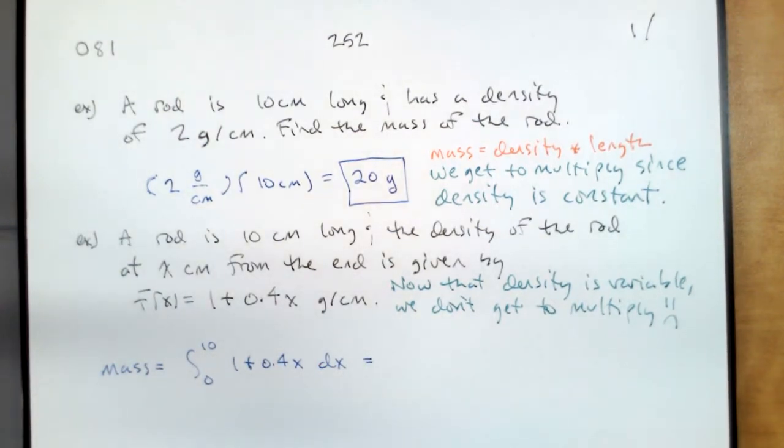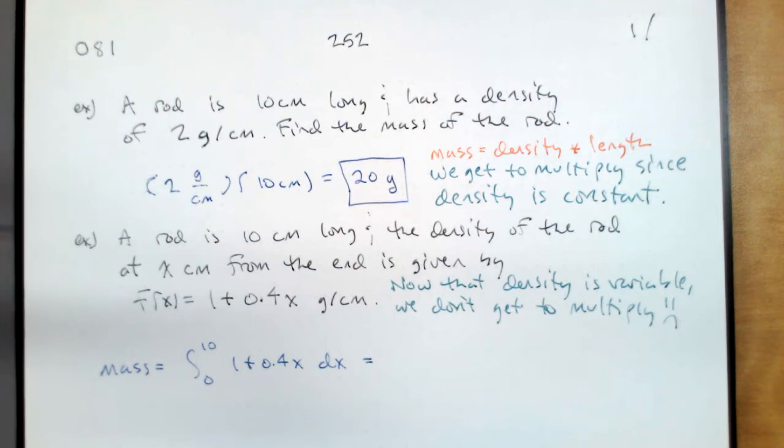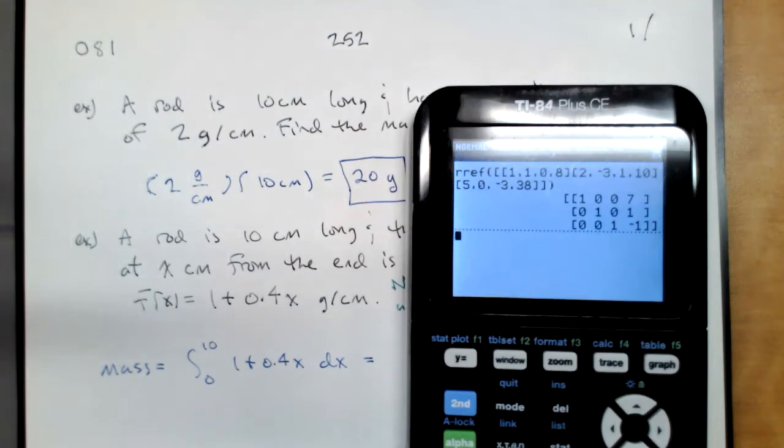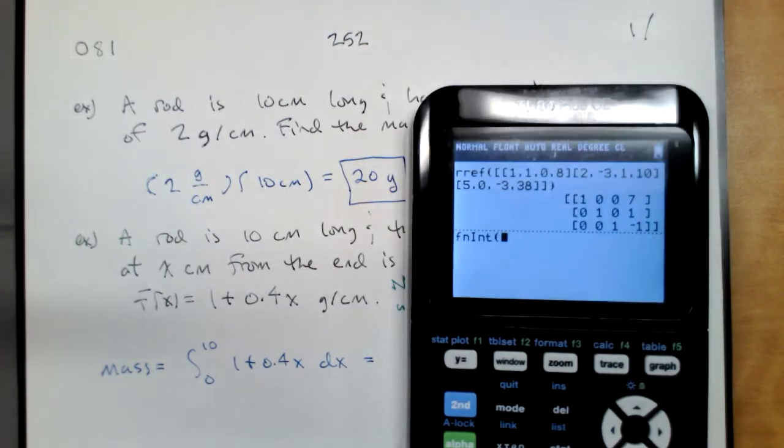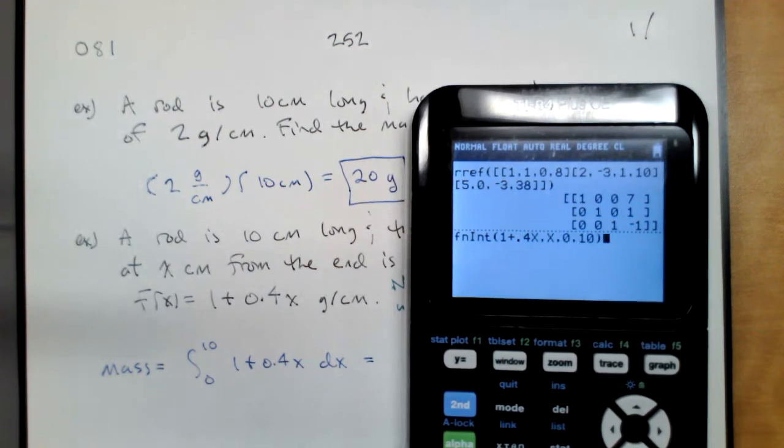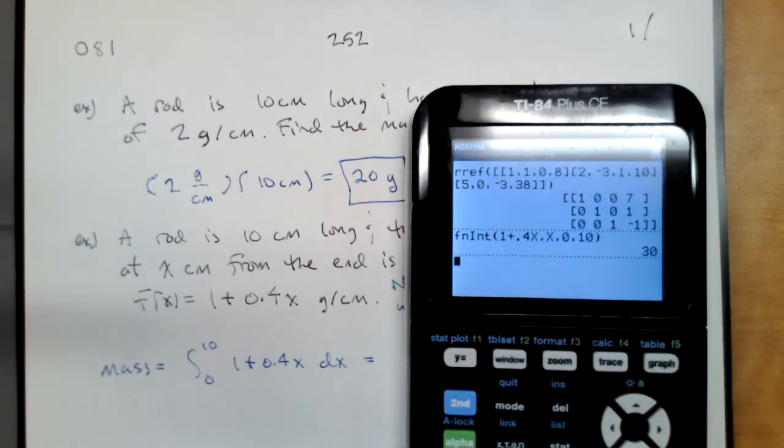And we can even calculate what that is. Since we're not focused on techniques, we could just use a calculating machine, and we'll integrate 1 plus 0.4x with respect to x from 0 to 10. And we get a mass of 30 grams.